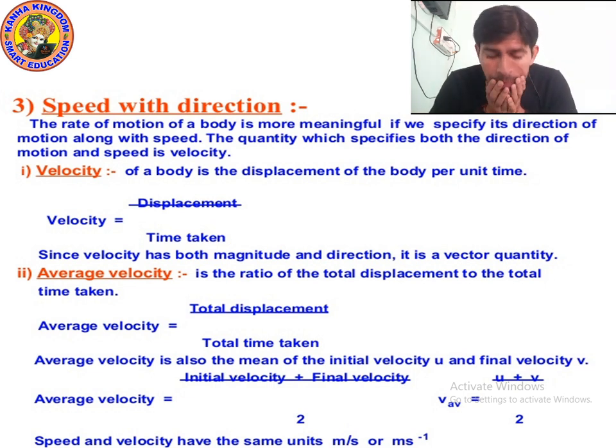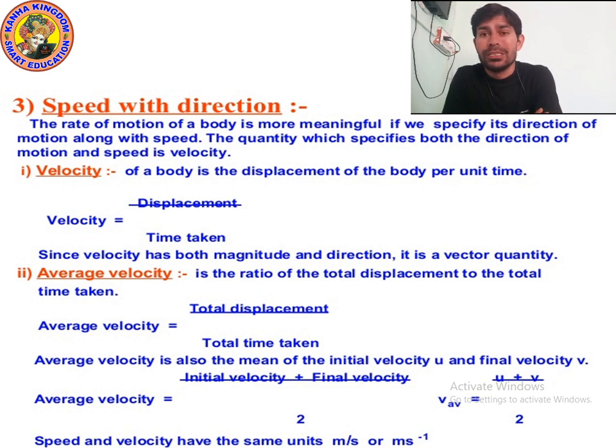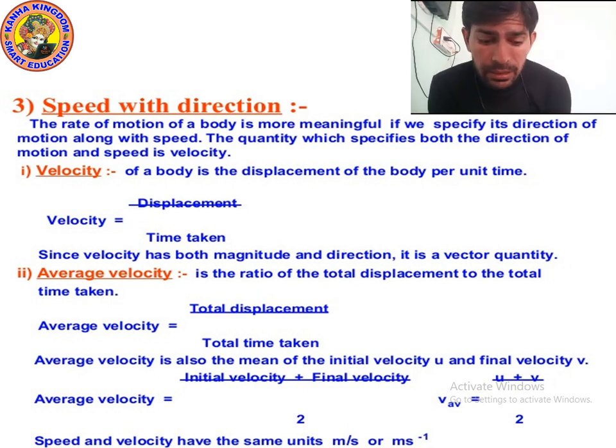Uniform motion is that motion in which speed does not change. It can be described as equal distance traveled in equal intervals of time. If the speed is changing, not constant, then it is non-uniform motion.